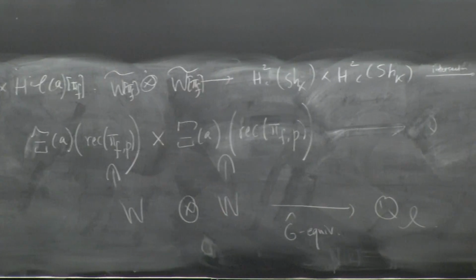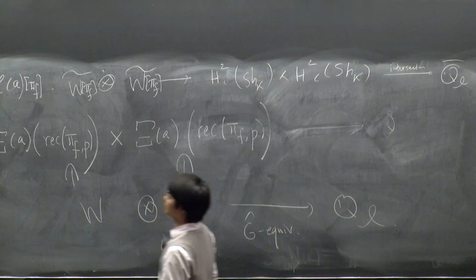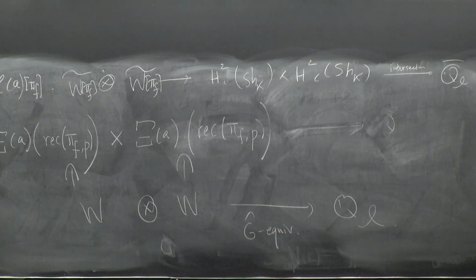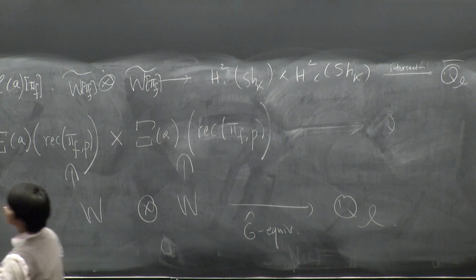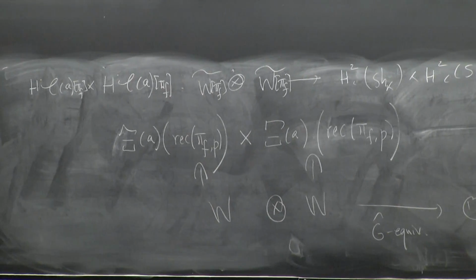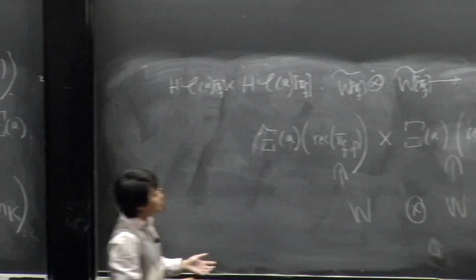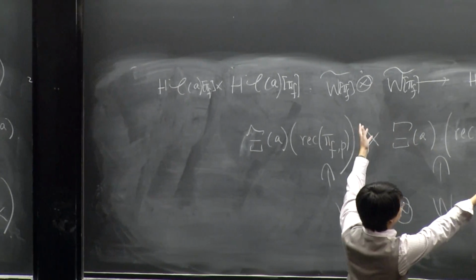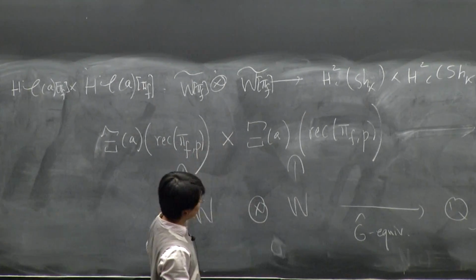Okay. So at the end, what you get is the intersection pairing between those. So these cohomological correspondences are in fact given by cycle classes of certain algebraic cycles on the Shimura varieties. And it turns out the intersection pairing is exactly calculated by this.